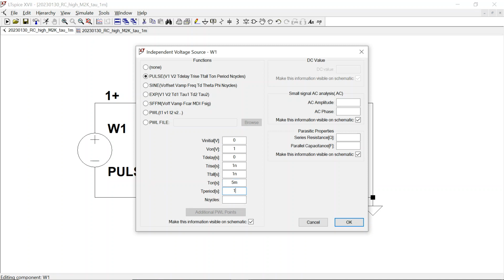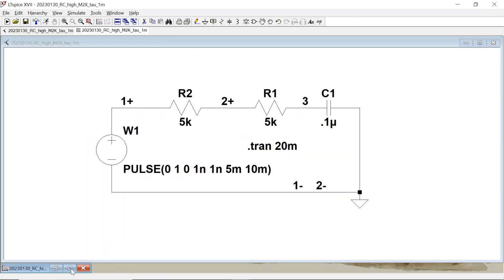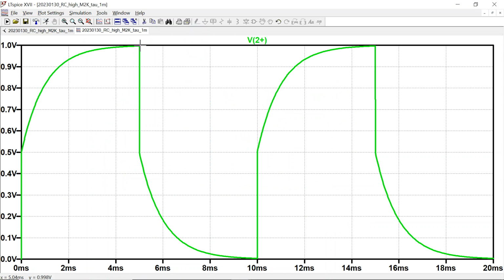But if we make the period 10 and t on for 5, it'll be on for 5 tau. And you can see that it gets almost to where it's going within 5 tau. But then when it turns off, we get this immediate change in level, and then it decays back down to 0.